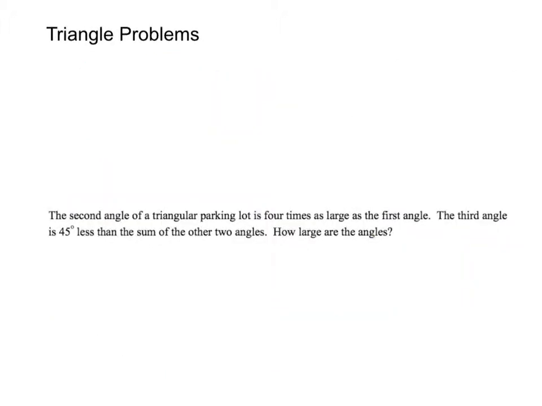Okay, let's look at the next type of problem that we want to deal with, triangle problems. Now when we look at triangle problems, basically we have a triangle, and we know that if we add the angles of a triangle up, we're going to get 180 degrees.